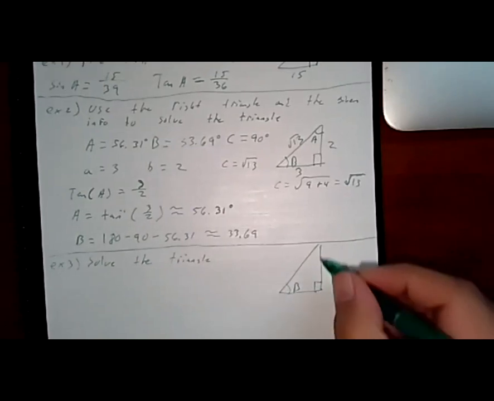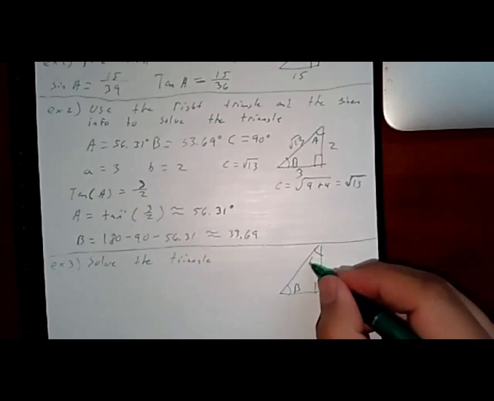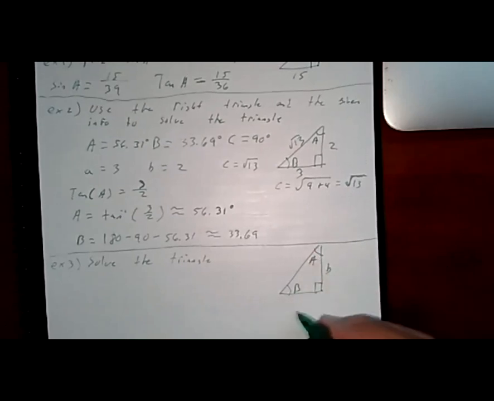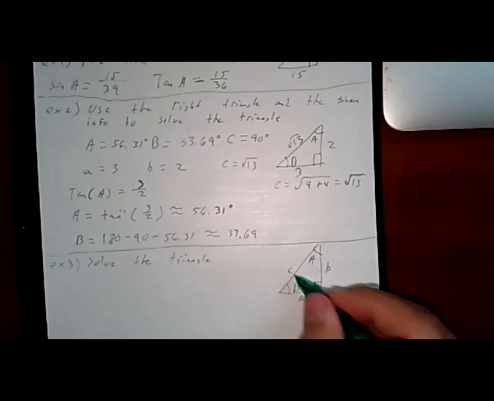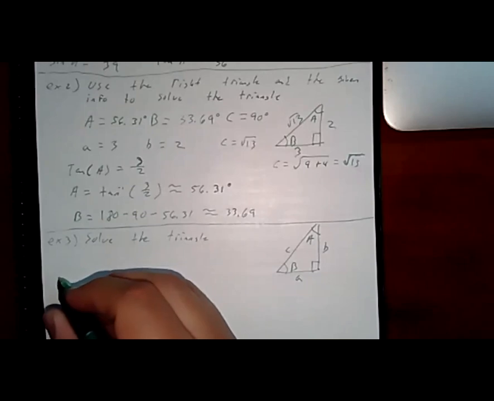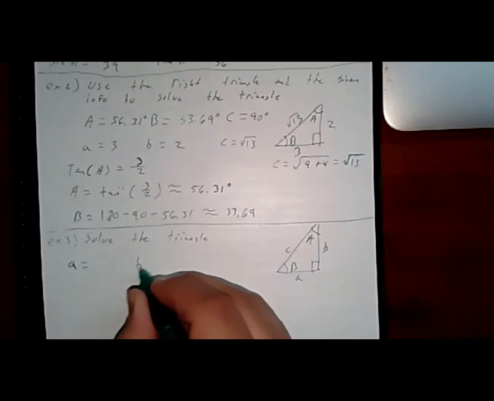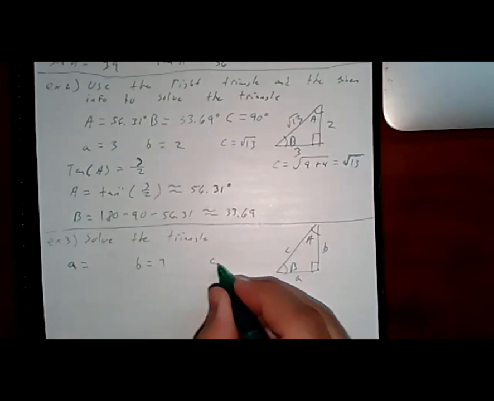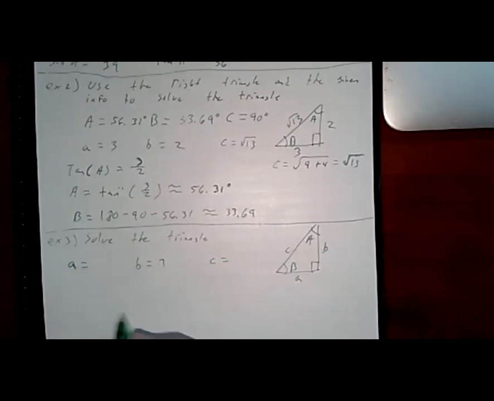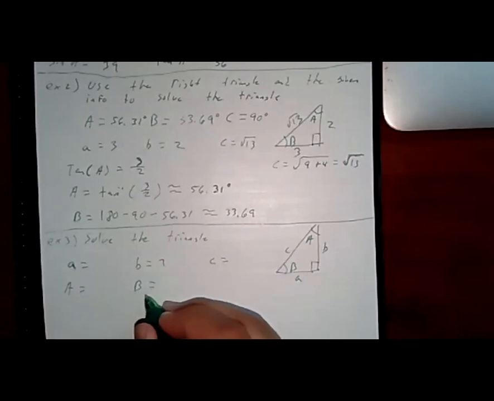B, right angle, A. They don't give us A, they give us B. They don't have little c. Capital A is missing. Capital B is given to be 30 degrees.